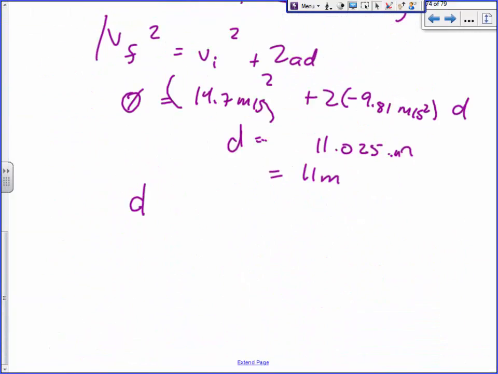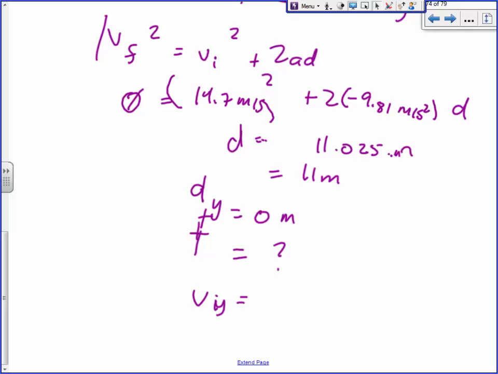So from the y perspective, we now know that the distance in the y is going to be 0 meters, just 0 meters. The distance in the y will be 0 meters. We're looking for time. The velocity initial, we have the velocity initial in the y direction, right?